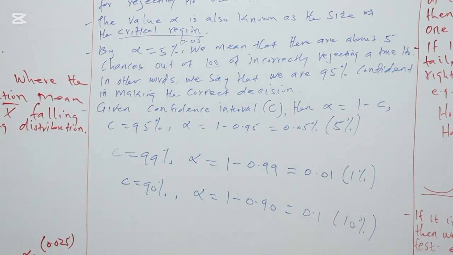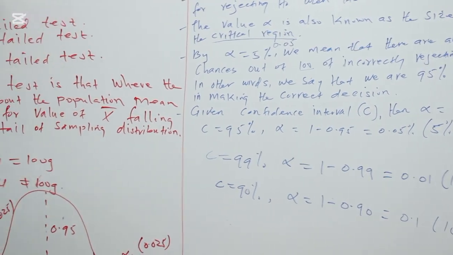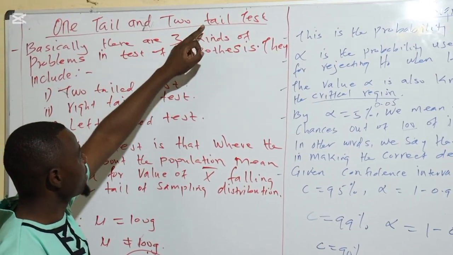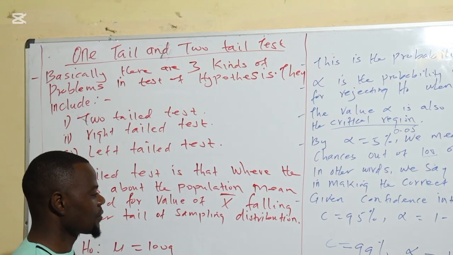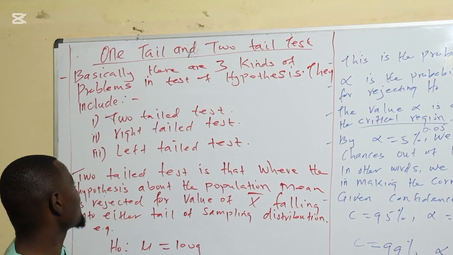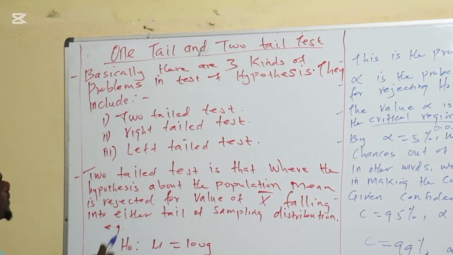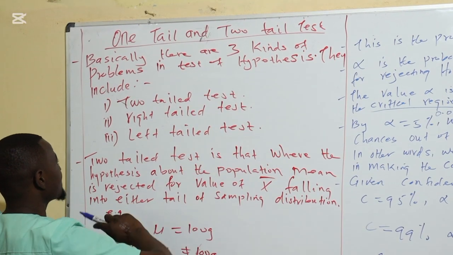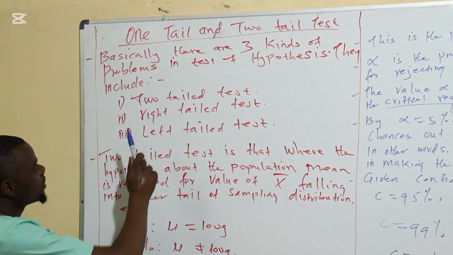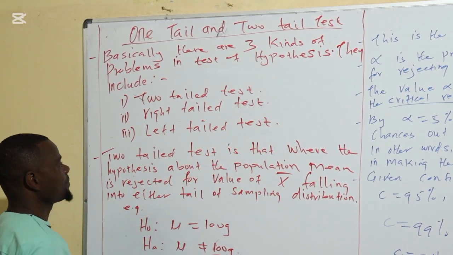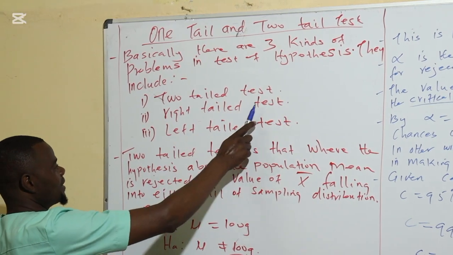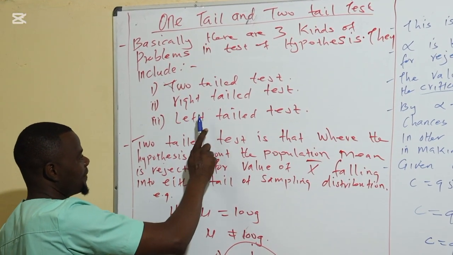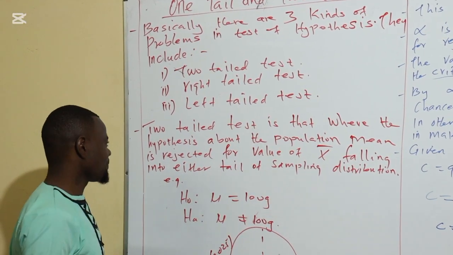Now, in our next subchapter, we are going to look at one-tailed and two-tailed test. Basically, there are 3 kinds of problems in test of hypothesis. They include two-tailed test, right-tailed test, left-tailed test.